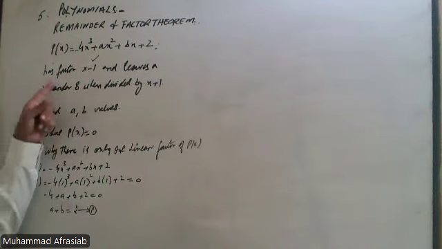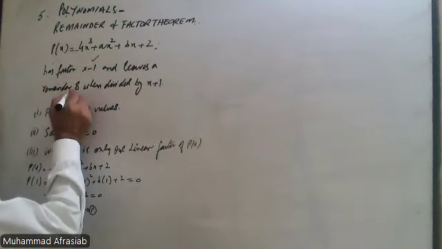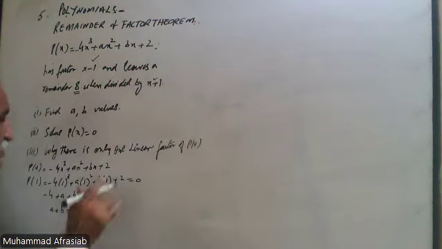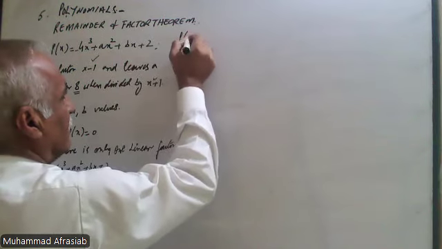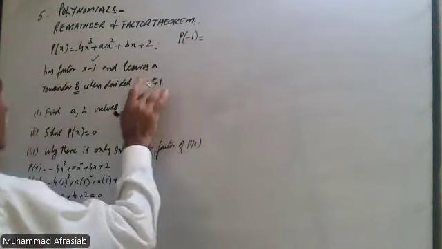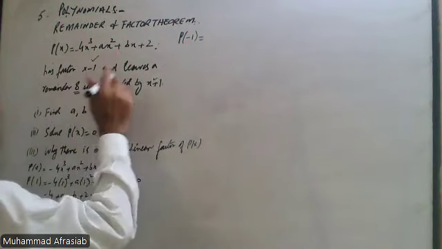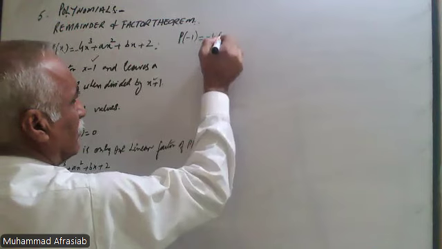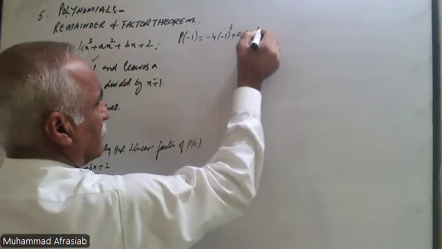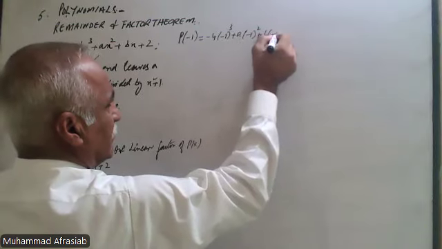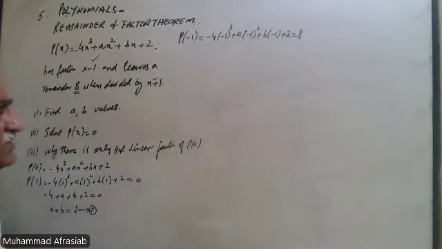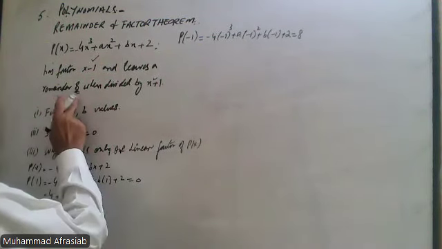Now it leaves a remainder equal to 8 when divided by x plus 1. So now you put x equal to minus 1, and this should be equal to minus 4 into minus 1 cube plus a into minus 1 square plus b into minus 1 plus 2, and that should be equal to 8 because it is leaving a remainder equal to 8.